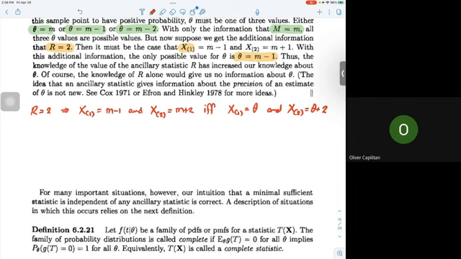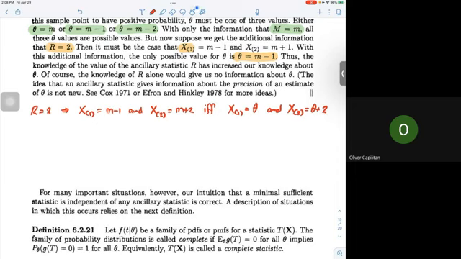Because if only the mid-range m was given earlier, we have three possible values of our theta. Theta is an unknown parameter, and we're going to estimate this unknown parameter. So if the mid-range is given as m, we have three possible values of theta.